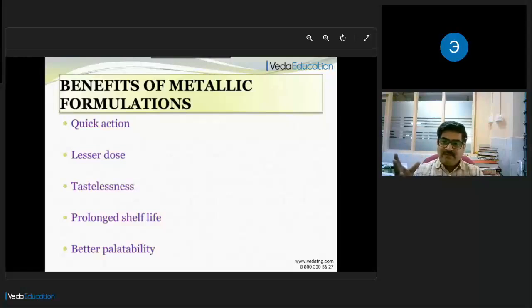So the patient will feel more comfortable while using these herbomineral preparations because of the absence of bad taste.